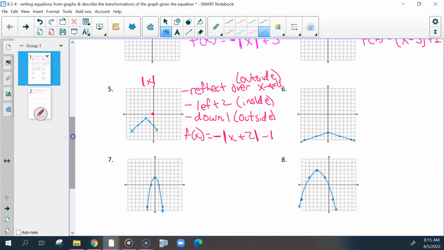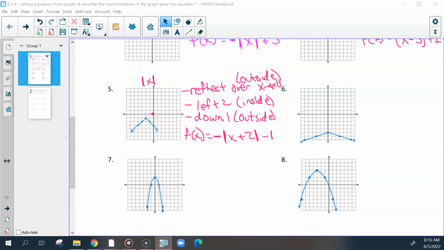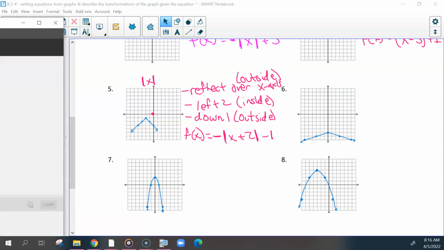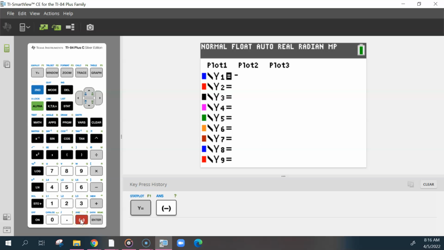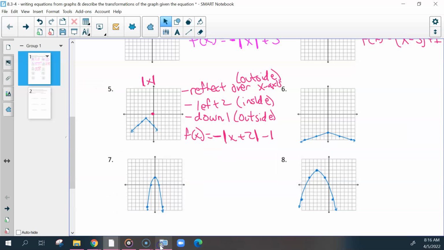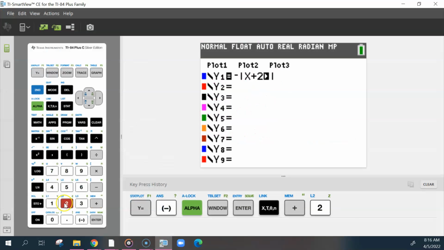So I'll do that up here. You can do that with me if you want to. If I open up my calculator. When you put it into your calculator, you can check it via the graph or the table, it doesn't matter. So we said negative absolute value of x plus 2, minus 1.